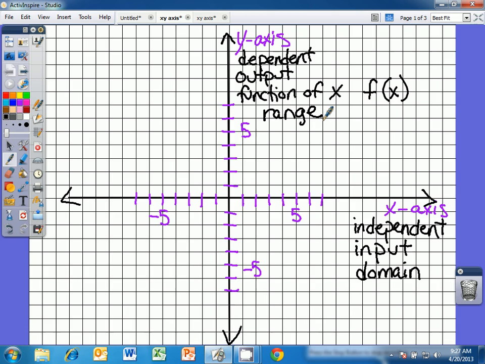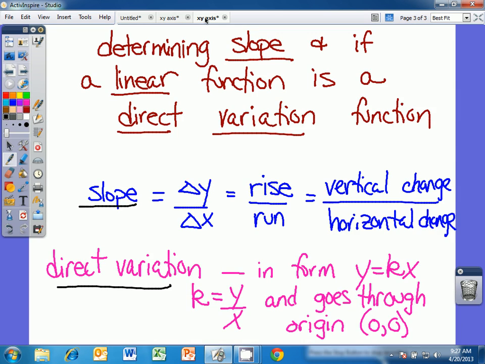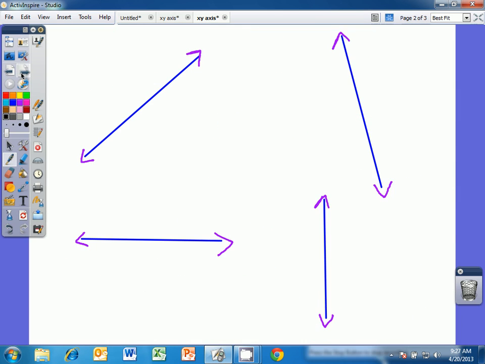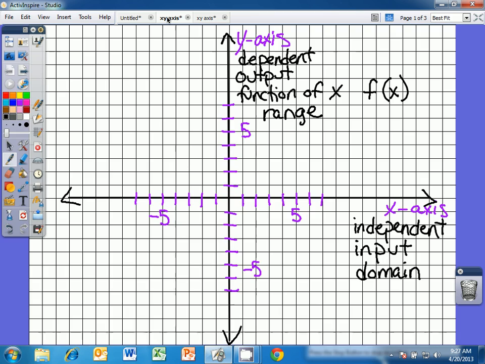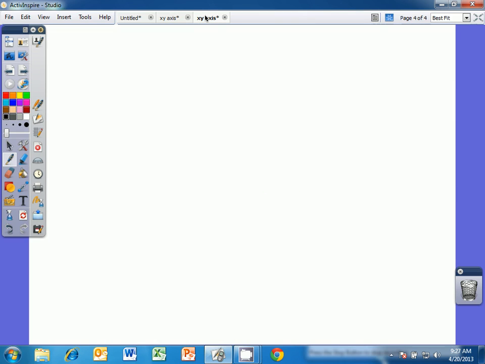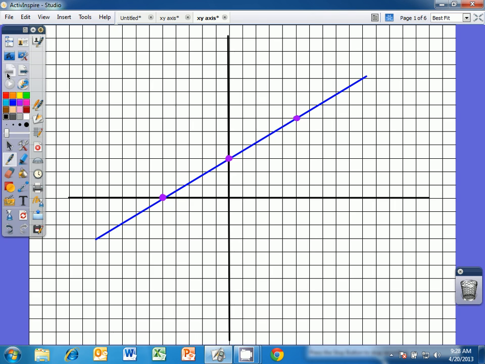And so when we graph a line like this, we can determine the rate of change by comparing the change in the y to the change in the x. And we can do that a couple different ways.